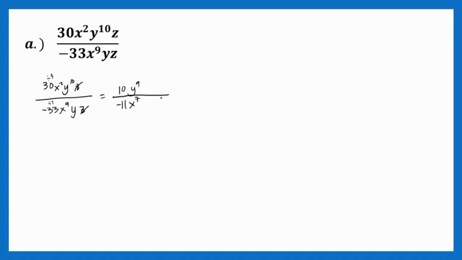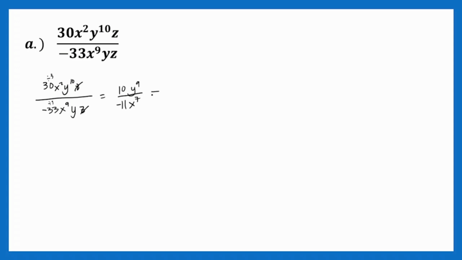Kaya lang, so, let me fix it muna. Alright? 10y raised to 9 over negative 11x raised to 7. Now, I haven't seen answer na ang negative ay nasa ilalim. Parang commonly minsan tinatanggap yung nasa itaas, pero nasa ilalim, parang di ko pa na-encounter na may negative na sagot sa ilalim.